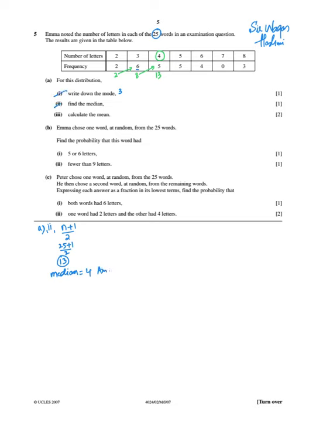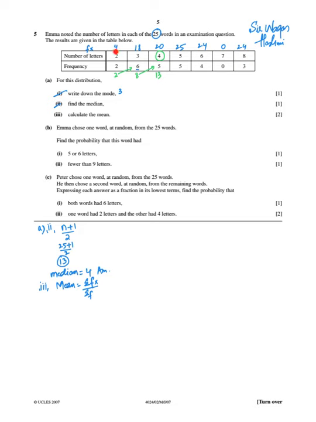Alright, for A part 3 we need to find the mean. The working formula for mean is summation of fx divided by summation of f. So we need to find fx here. I will multiply these two, f into x. So 2 2s are 4, 6 3s are 18, 5 4s are 20, 5 5s are 25, 4 6s are 24, 0 into 7 is 0, and 8 3s are 24.